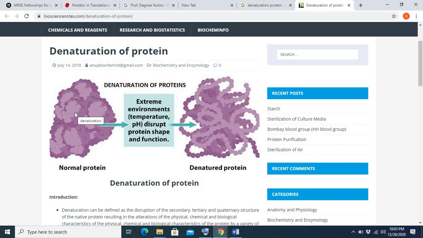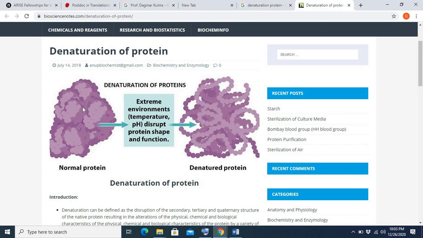Because protein cannot perform its function if it is present in its primary structure. For the protein to perform its function, it should be in the folded form or the quaternary structure. So why does protein exhibit this quaternary structure?